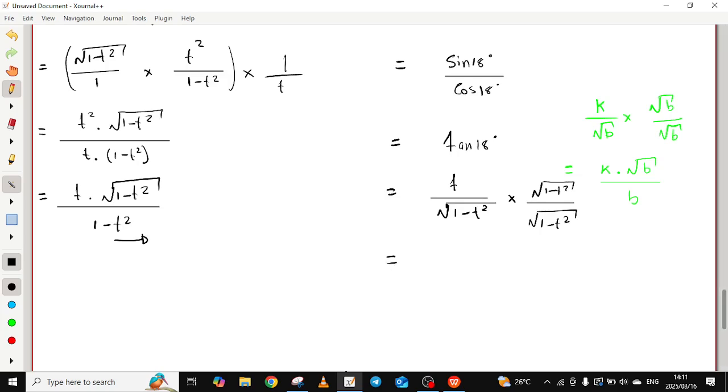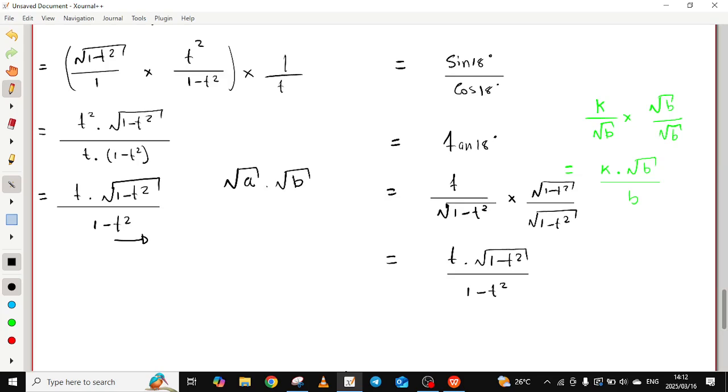And will you look at that, when multiplying fractions we multiply numerators alone, so this is t times the root of 1 minus t squared, and when we are multiplying fractions we multiply denominators alone, so this just becomes 1 minus t squared.